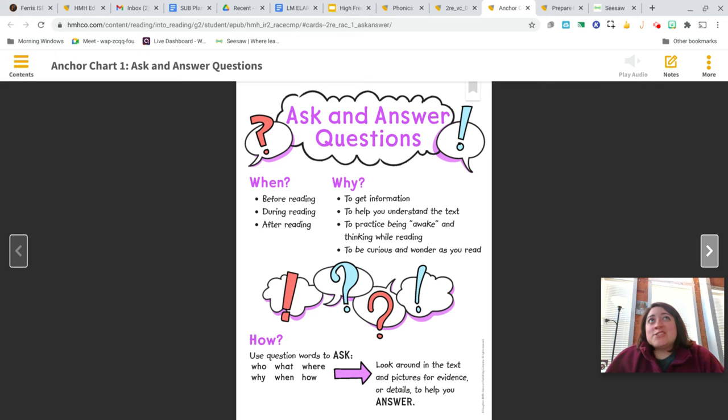What do tigers eat? How do they get their food? So where do tigers live? So these are different questions that Miss Fullington used with our 5 wonder words, right? So it says, look around the text and pictures for evidence or details to help you answer. So this is where when you come up with your questions, you're going to research and find them. You're going to read that book about tigers and you're going to figure out if they can survive on the island.